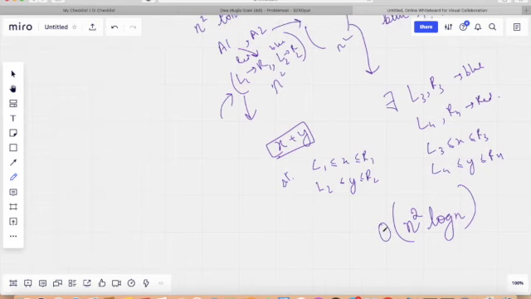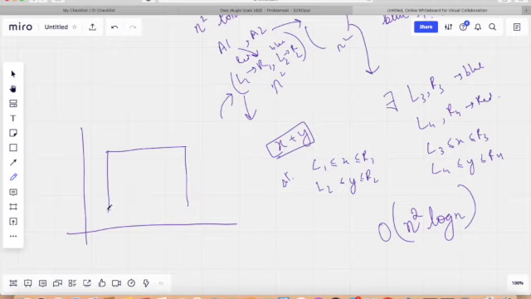So let's give it a more visual approach. So what are these red blue pairs, where red is also varying, blue is also varying? What does this look like in a 2D graph? It's basically like a rectangle. So the x-axis, let's say, represents the number of red points you have taken, and the y-axis the number of blue points you have taken.